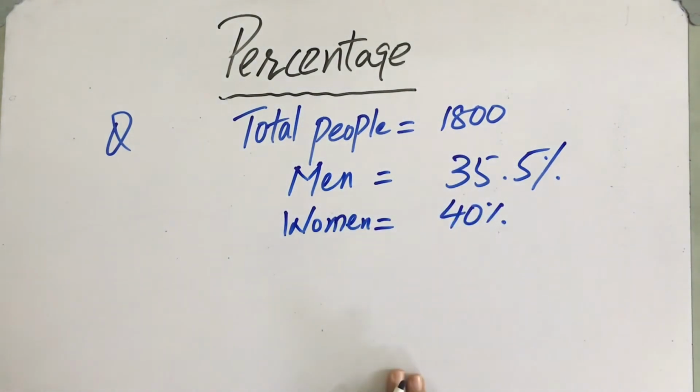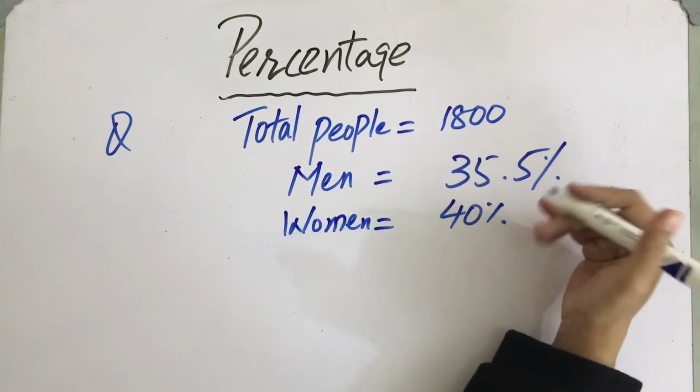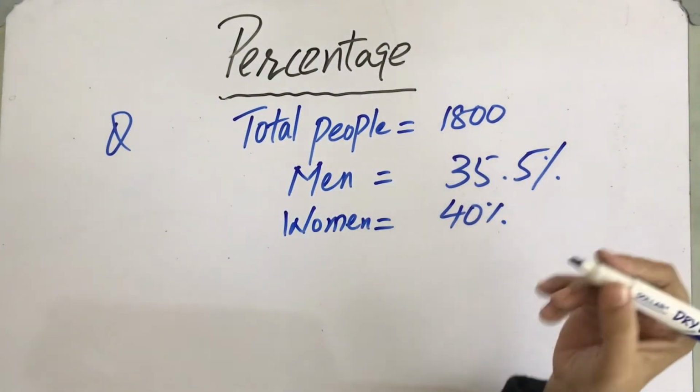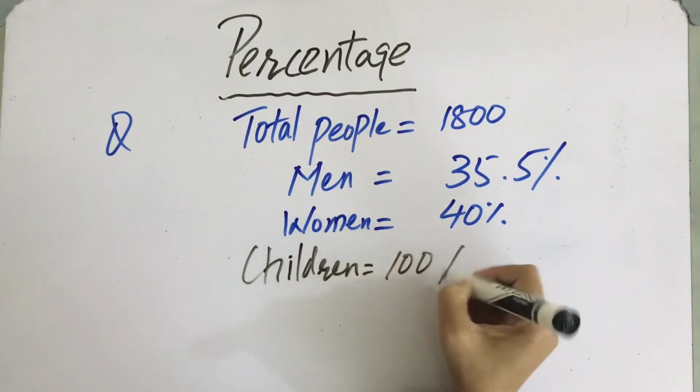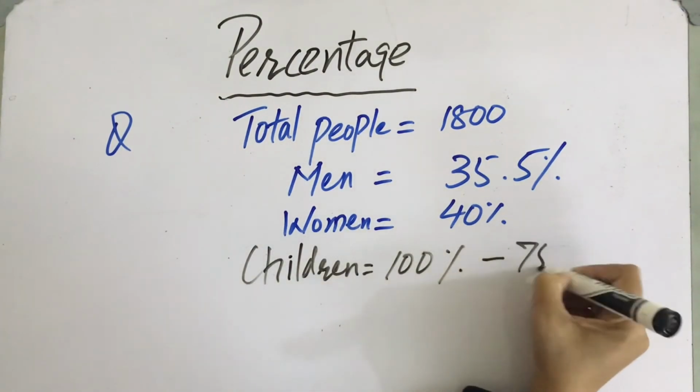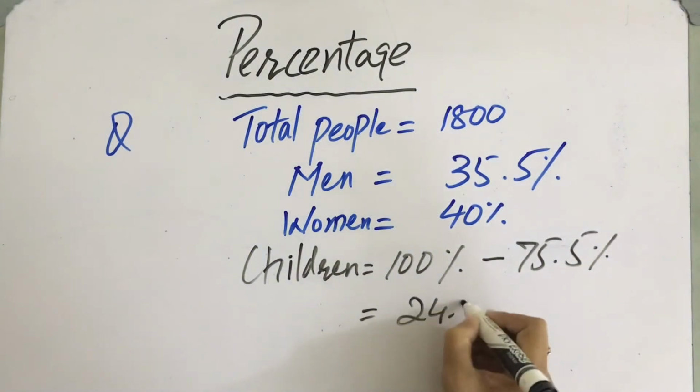We have to find the number of children who attended the dinner. So first of all, it's easy if we add both the percentages and subtract from 100%. So total children were 100% minus 75.5%, and it will be 24.5%.